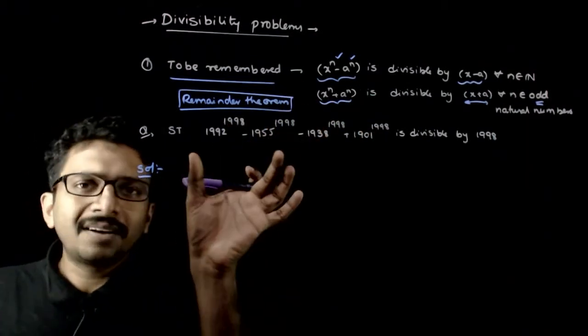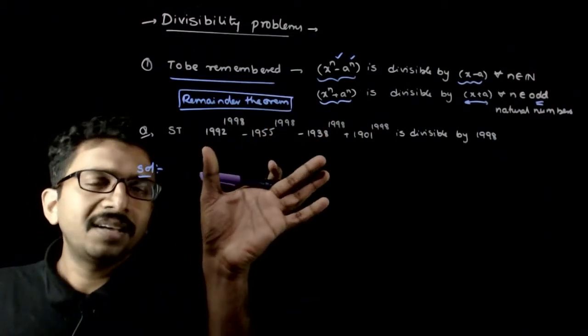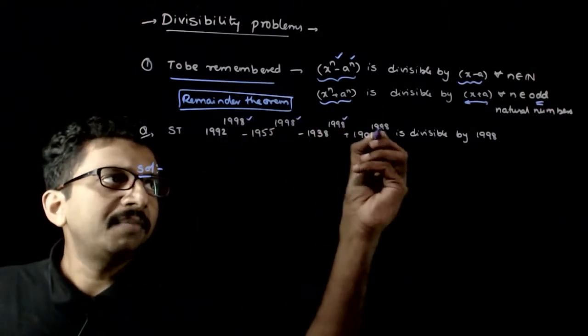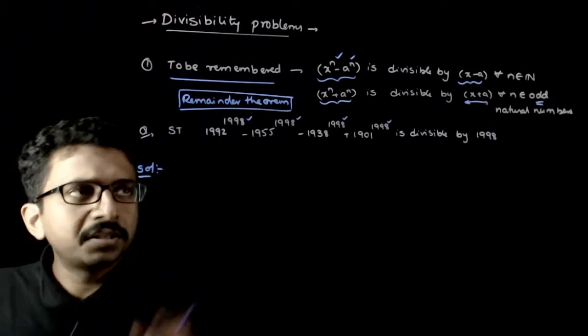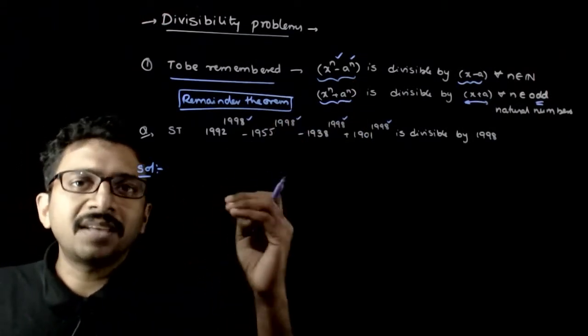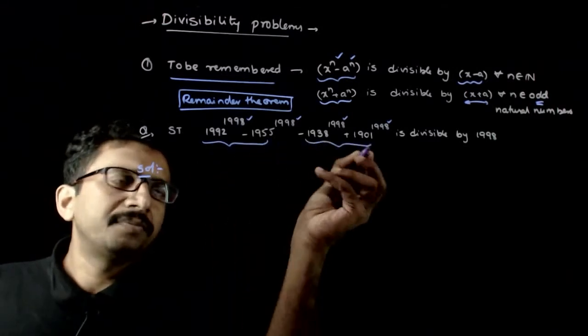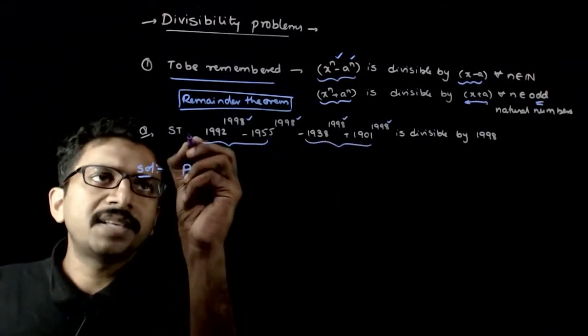Now let us try to manipulate this so that I can apply this theorem. I can see that all the powers are the same, 1998. Now if I have something like x power n minus a power n, it will be divisible by x minus a. So first let me combine these two. Let us call this expression p.